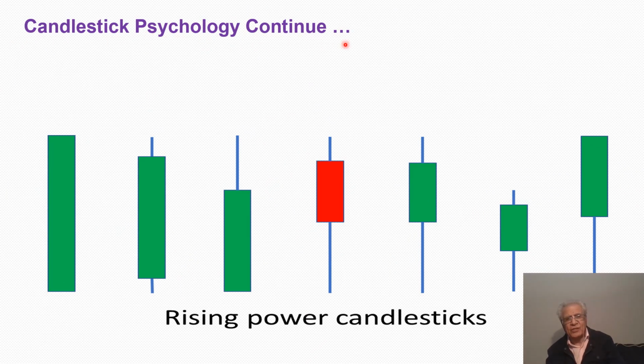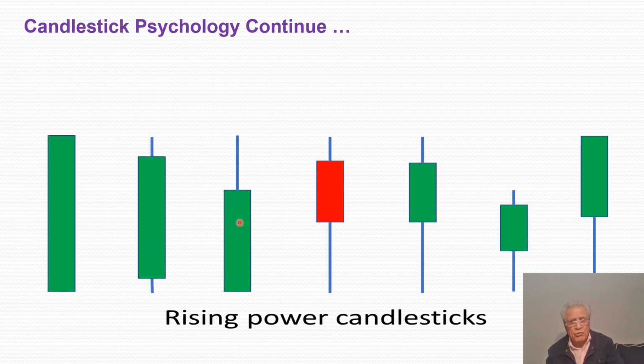Candlestick psychology continues. Here we have a long, strong, big momentum bullish Marubozu, that is a rising power. This one is a strong bullish candle with two small lower and upper shadows, that is again rising power.